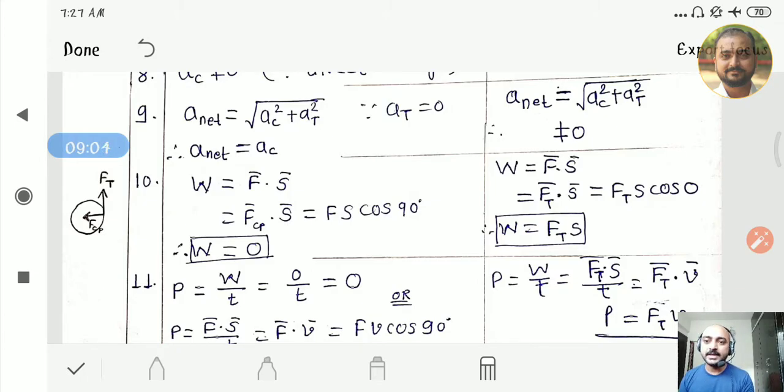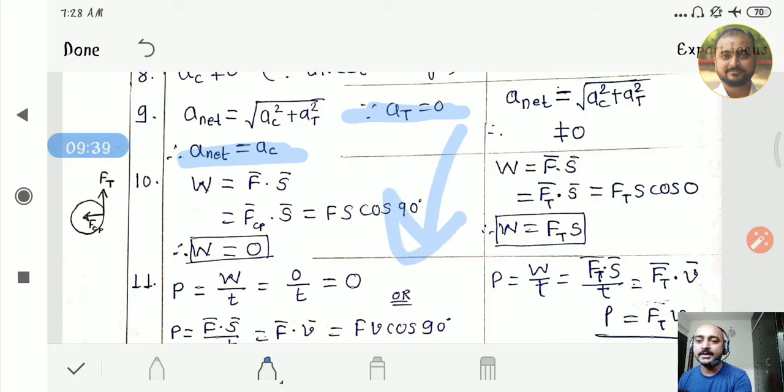Here cos 90 has value 0, so a net is equal to under root of ac square plus at square. But the condition here is that at, the tangential acceleration, is 0, as we discussed before. So here a net is equal to ac, meaning the value of net acceleration is only due to the centripetal acceleration.